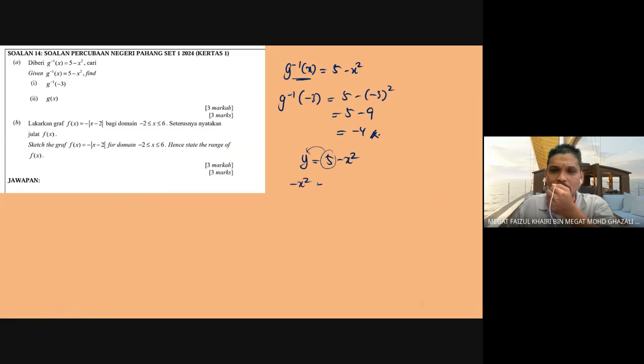Negative x squared equals y minus 5. And then times negative 1, left and right. So it now becomes x squared equals 5 minus y. And then x equals plus or minus the square root of 5 minus y. Okay.